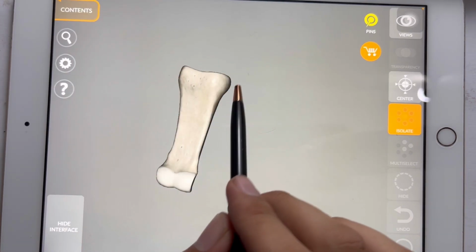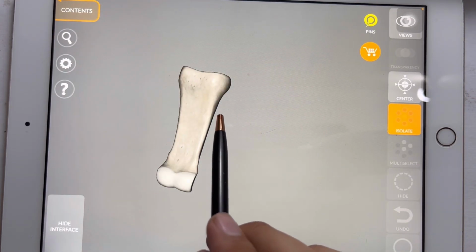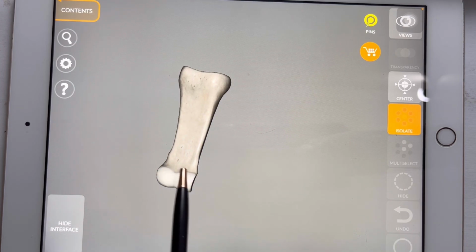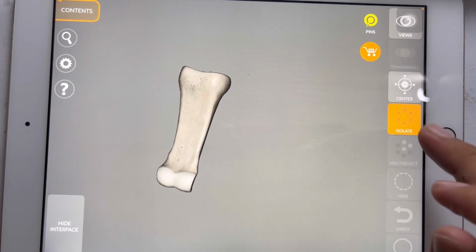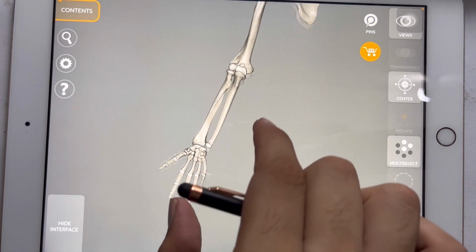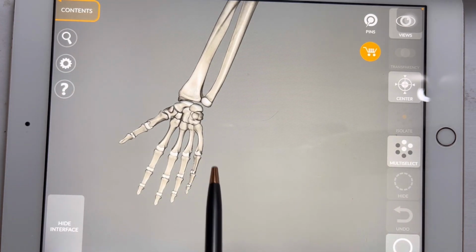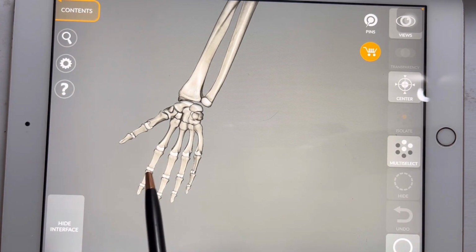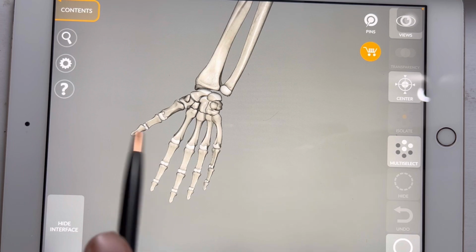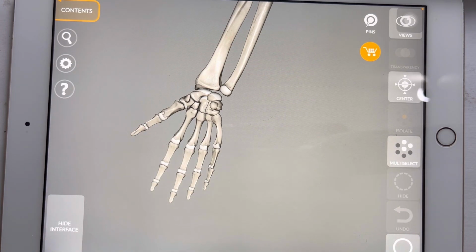The proximal part is called base, which is followed by shaft, and the distal part is called the head. Student, all 4 fingers have 3 phalanges, while the thumb is made up of 2 phalanges. So there are a total of 14 phalanges in the human hand. Student, this was all about the osteology of the upper limb.